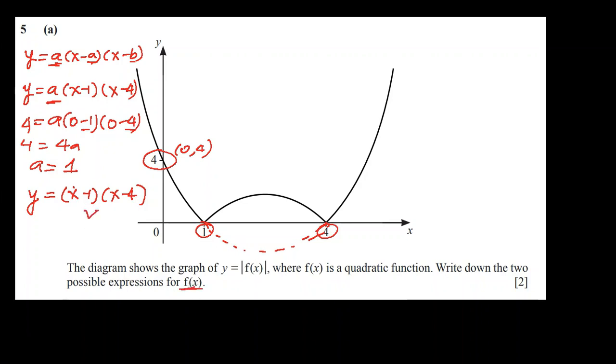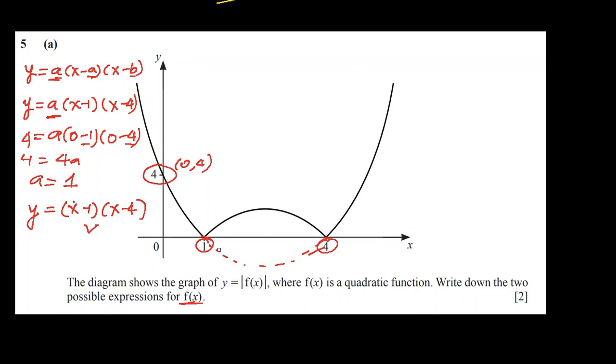What about the second one? Let me erase this lower part. This part was already positive. It's possible that these two parts, on the left and right, are reflected. That means the graph was like this, a complete reflection of the previous part.